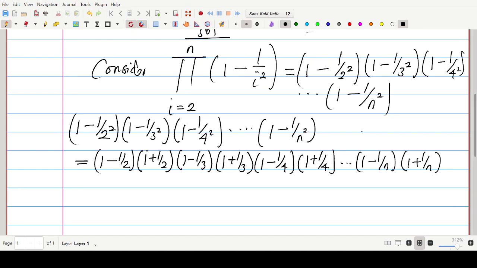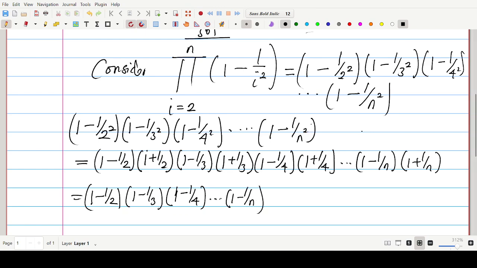Now, taking the difference expressions separately, we shall have the result as 1 minus 1 over 2 multiplied by 1 minus 1 over 3 multiplied by 1 minus 1 over 4, and so on like that until you get to 1 minus 1 over n.